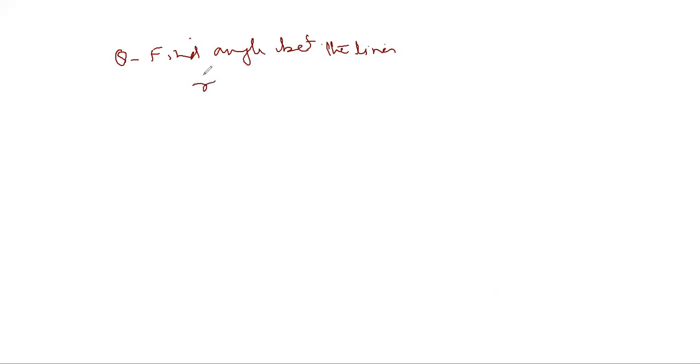The first line is vector R equal to 2i minus 5j plus k plus lambda times 3i plus 2j plus 6k.